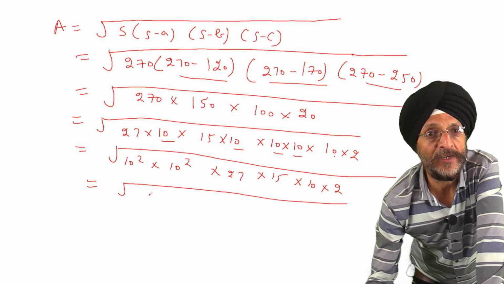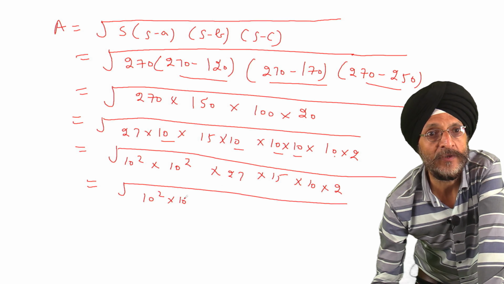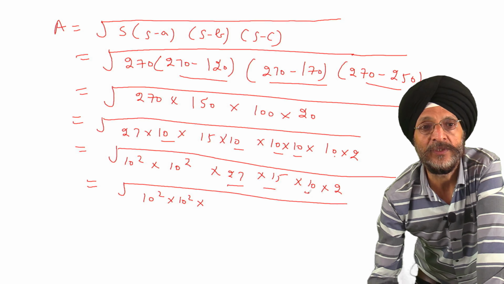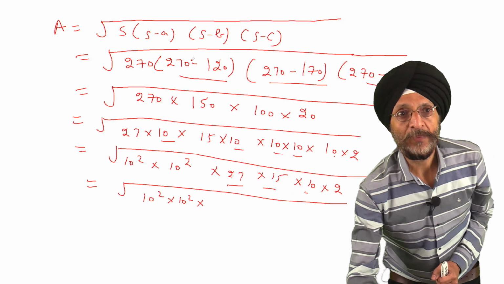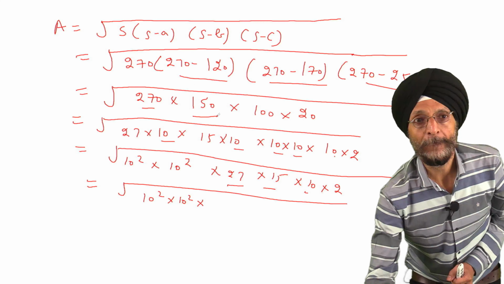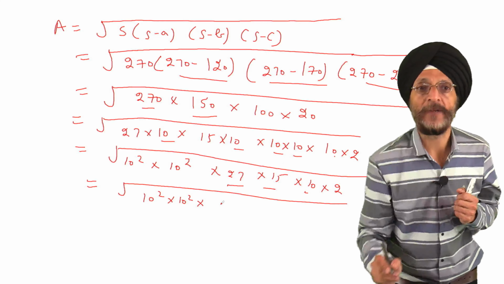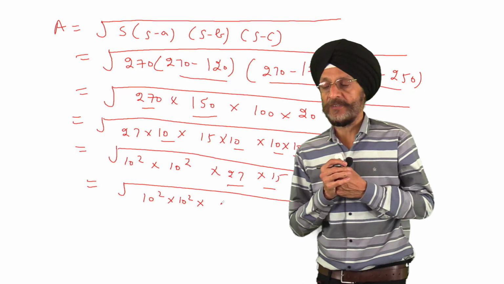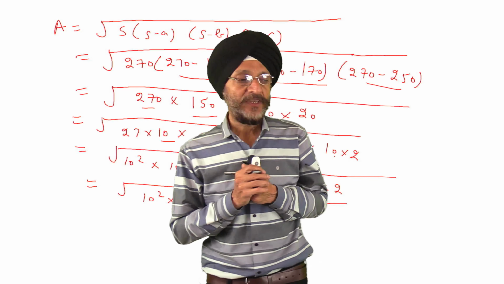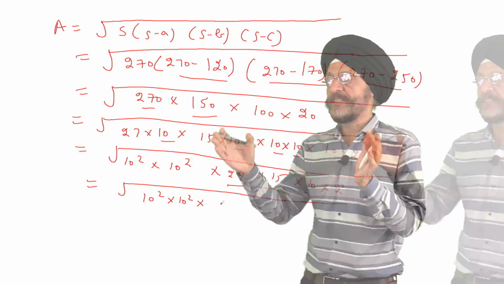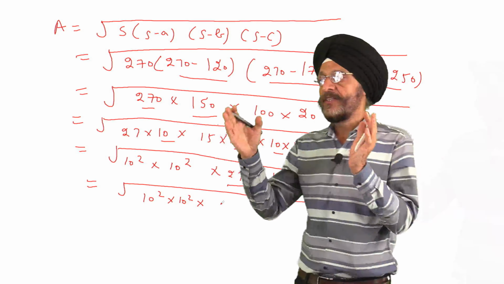We will do prime factorization of this. We can also do prime factorization from this portion, but it will become very lengthy. So we have chosen to do prime factorization from this point. What is prime factorization? Prime factorization is the process of finding out the prime numbers which when multiplied will give the original number. What is the prime number?